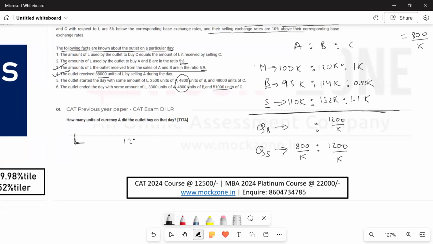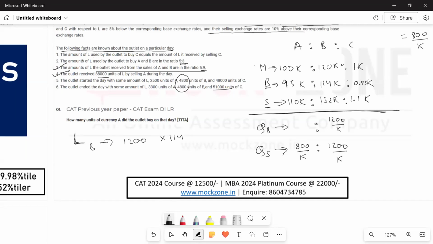It will be 1,200 by K into 114K, which is 1,200. K से K कट जाएगा. So the amount of L we spent in buying B is 1,200 into 114.